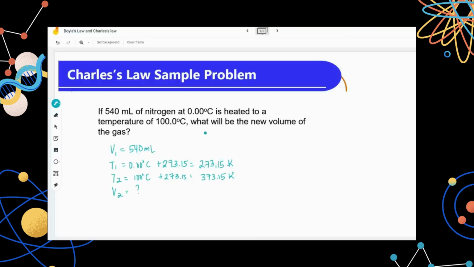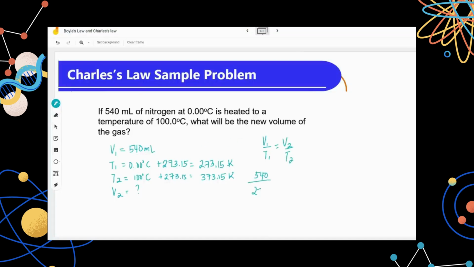So always remember that if your temperature is given in Celsius, you have to convert that to Kelvin first before you can use that in your calculations. So the formula is V1 over T1 is equal to V2 over T2.